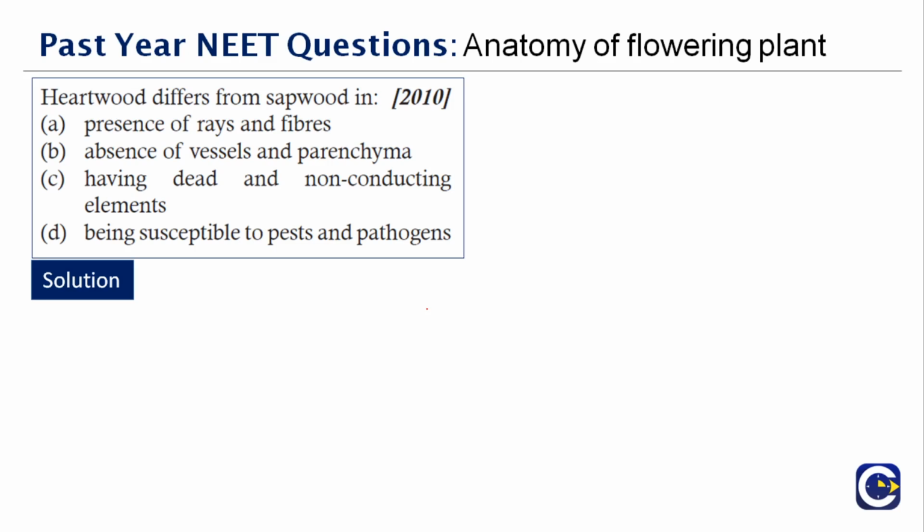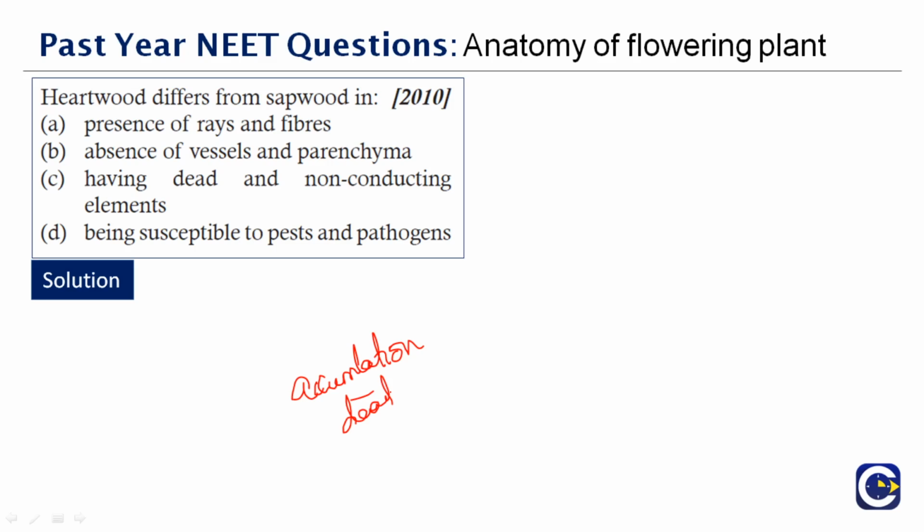That is the main difference, because heartwood is the accumulation of dead elements, and it's a non-conducting part. It doesn't have any role in the functions of the plant. Basically all the remains, all the dead ones, the non-conducting parts, the tissues, all get accumulated there. So heartwood differs from the sapwood because it has dead and non-conducting elements.